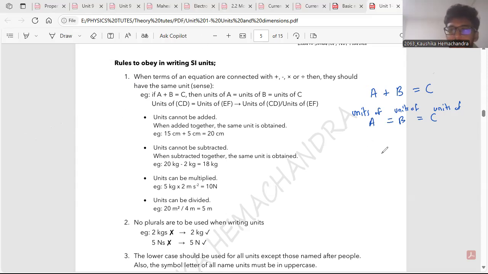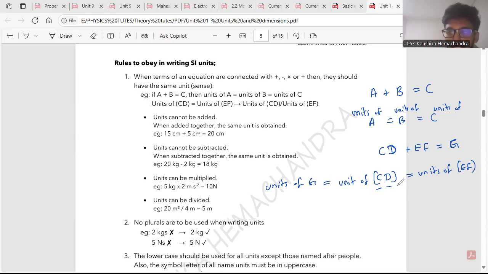Then let's take C into D plus E into F equals G. Then the units of multiplication of CD should be equal to units of multiplication of EF, right? That is equal to units of G.